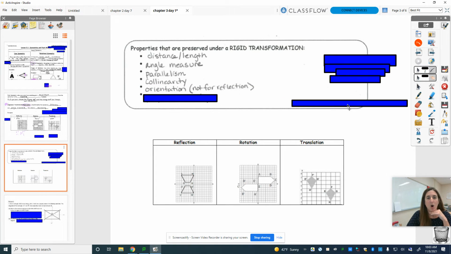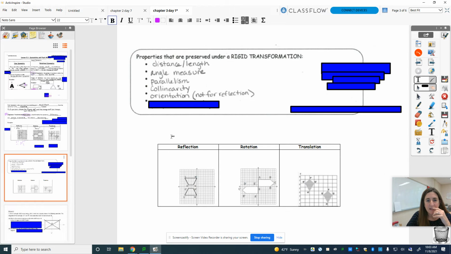Collinear. Orientation, now what the heck is that? Okay, that's like this. If I were to talk about this shape here, if I were to label it, say I started at O and I went clockwise around here, that would be O, L, M, N, right?